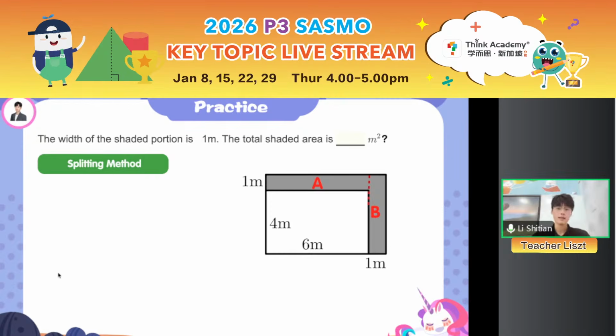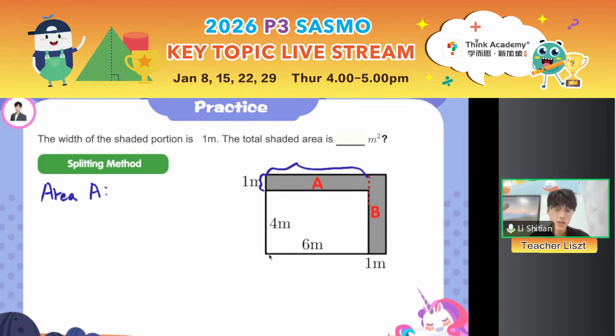So now let's see. I want to find out the area of A. We know the breadth of it, right? What about the length of rectangle A? 6, right?